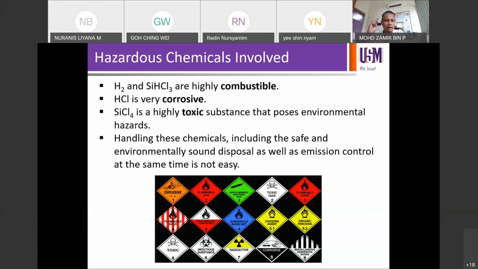We have hydrogen and trichlorosilane, which are combustible. We have hydrochloric acid, super corrosive. We have tetrachlorosilane, highly toxic, and an environmental hazard as well. We have HF.